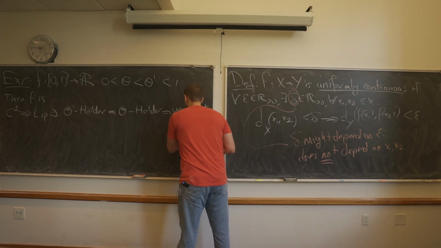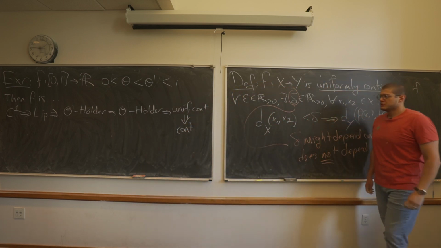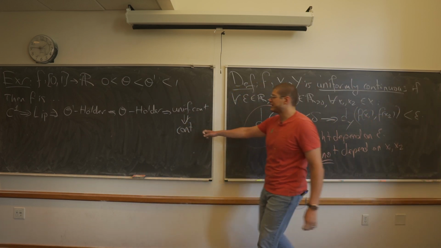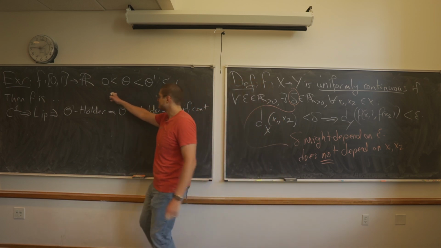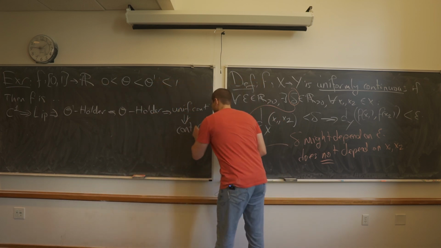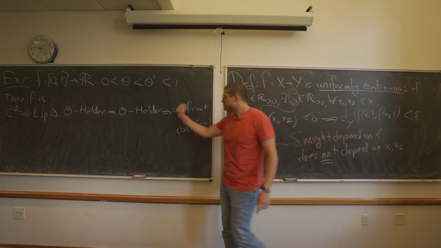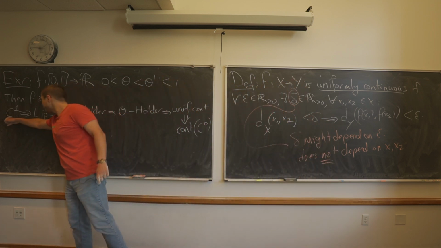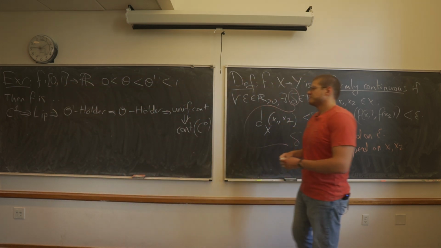Implies continuous. And this is why people would write C0 for continuous, because it's like the exponent is 0. Which means that the farther you go here, the better your function becomes, basically.